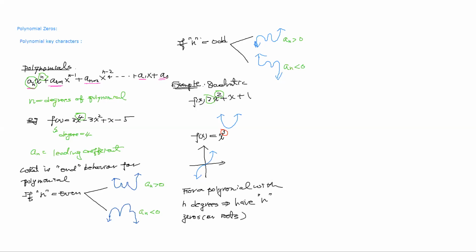Okay, so if you have 5 degrees, then you have to have 5 roots. And that doesn't mean they are all going to be different, right? So we're going to show you some examples here.